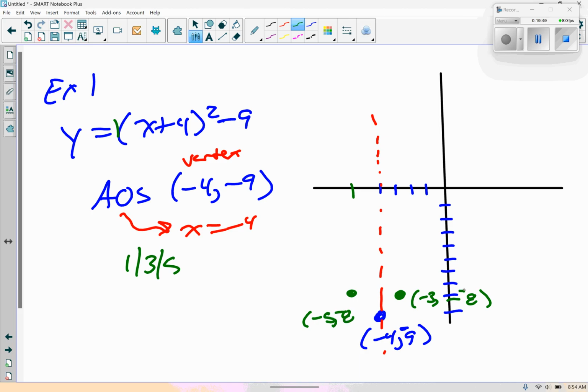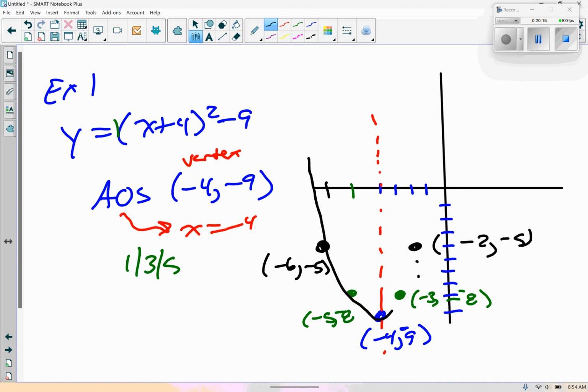And then if we do one more, if I go right 1, up 3, left 1, up 3. That takes me to negative 2. If you add 3 to negative 8, you get to negative 5. And then (-6, -5). So there is our parabola.